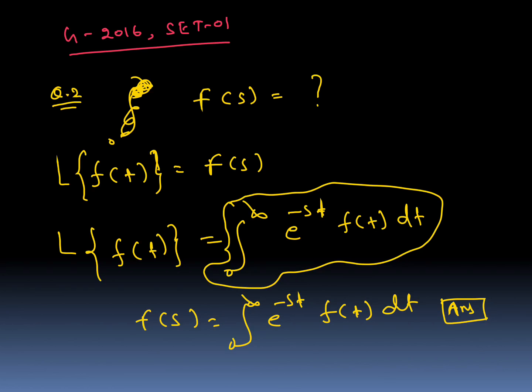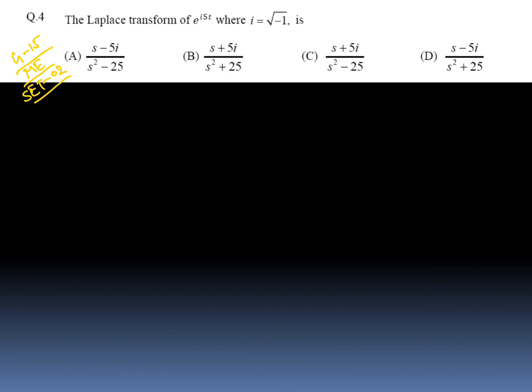This question was asked in GATE 2015 mechanical set 2: Laplace transform of e to the power i5t, where i equals root of minus 1. First I will tell some formulas. e to the power it is cos t plus i sin t, and e to the power minus it is cos t minus i sin t.